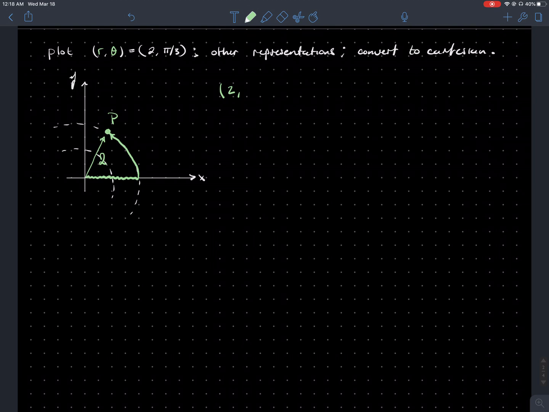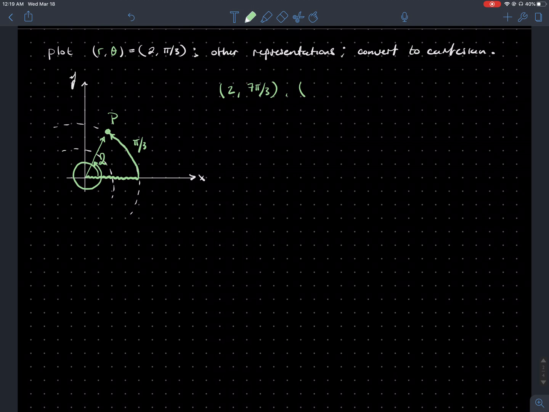And we could rotate around and around again. Okay, so we're basically just taking that pi thirds angle and we're adding 2 pi to it. So pi thirds plus 2 pi is going to be 7 pi thirds.